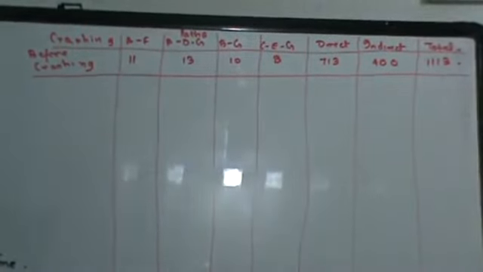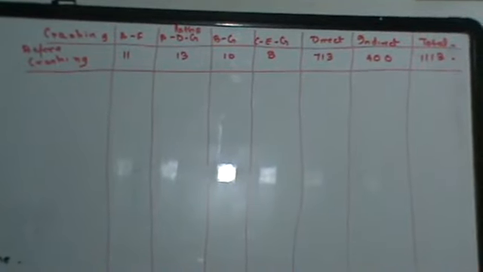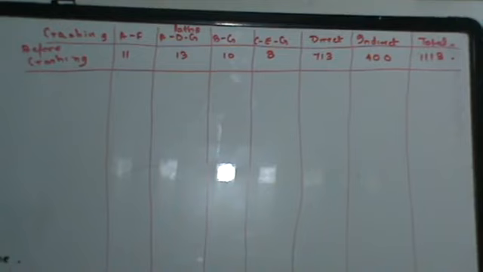You always start crashing with the critical path. Now my critical path is A, D and G. Between A, D and G, which has the least rank?